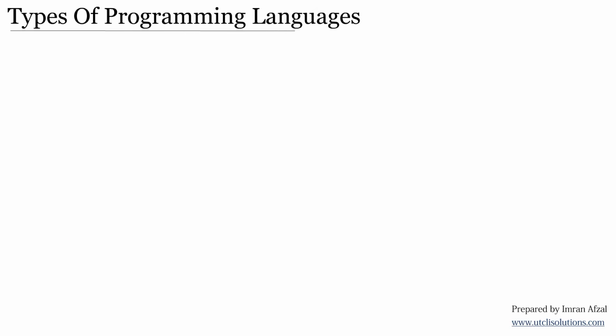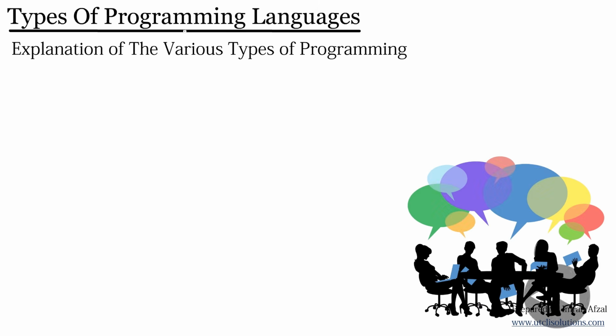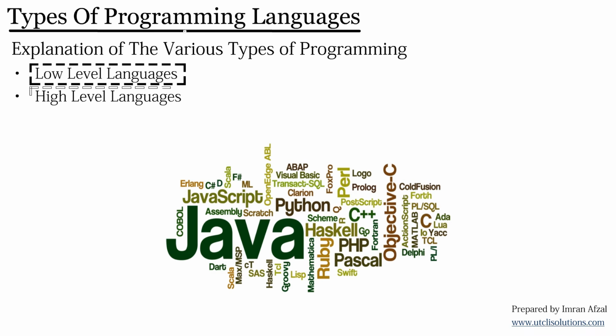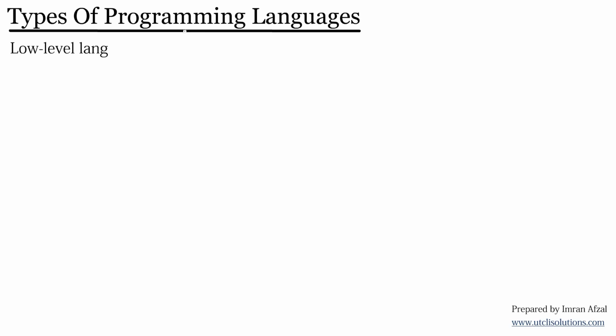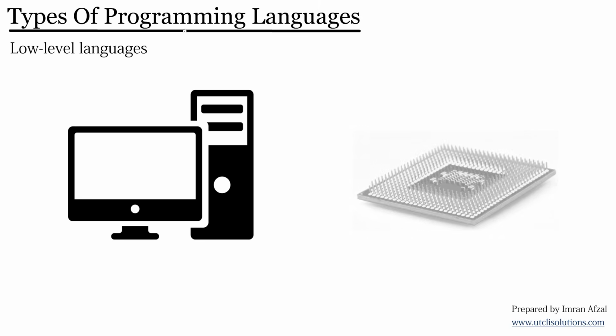Types of programming languages. In this lecture, we will provide an explanation of the various types of programming languages. As discussed previously, programming languages are commonly categorized into two types: low level and high level. Low level languages are designed to be understood directly by the machine and executed by the CPU.